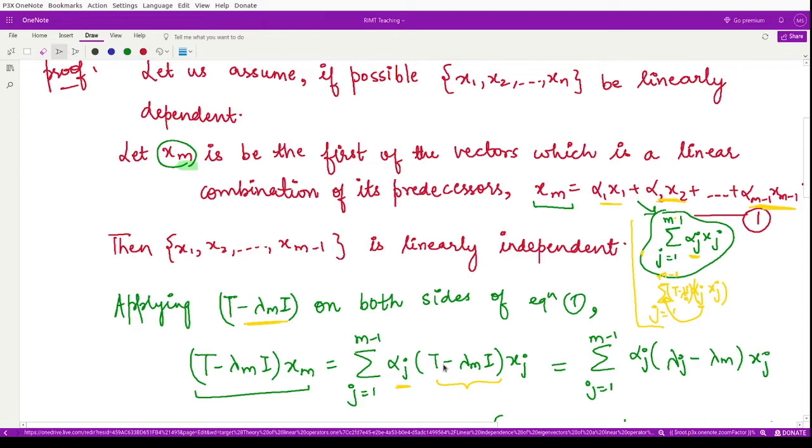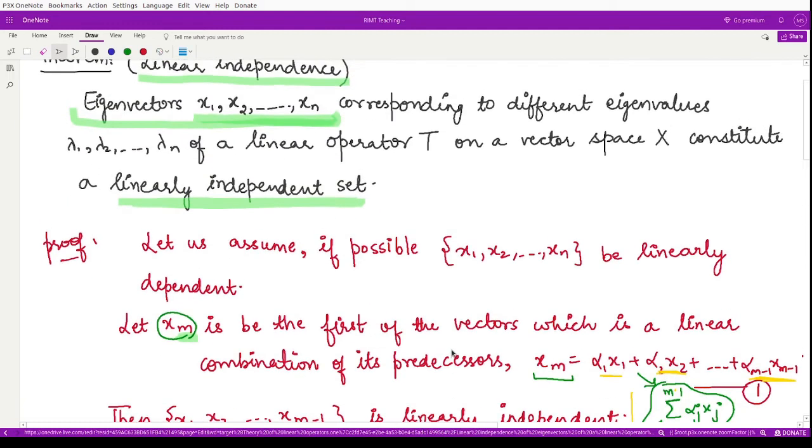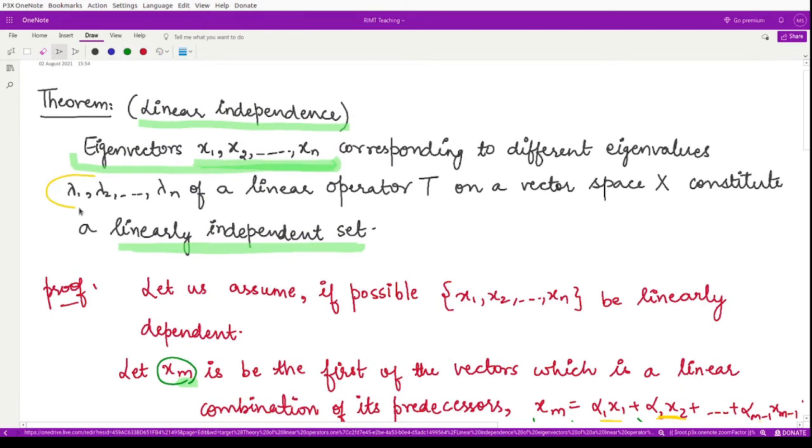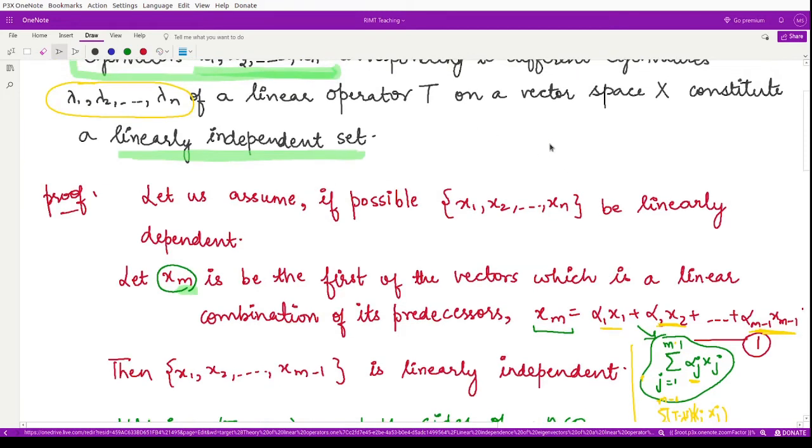Right. Now what are these? Lambda 1, lambda 2 up to lambda n were the eigenvalues of the linear operator T, and corresponding to these eigenvalues we have the eigenvectors x1, x2 up to xn. So for an operator T, T of xj, the eigenvector, would be equal to lambda j xj, where this xj is not equal to 0.